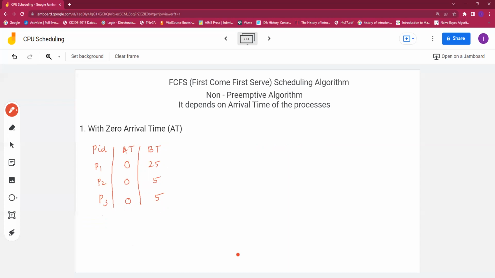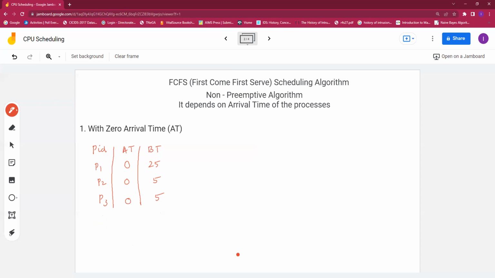This first come first serve algorithm purely depends on the arrival time of the process. So we will see an example here. I have PIDs, that means the process IDs. I have three processes P1, P2, P3, and the arrival times are 0, 0, 0.